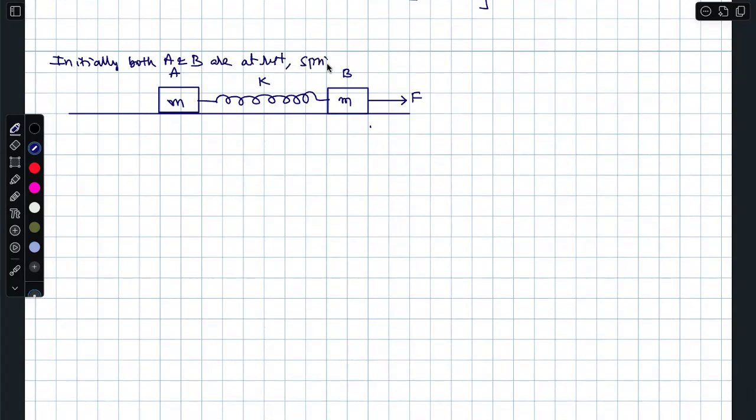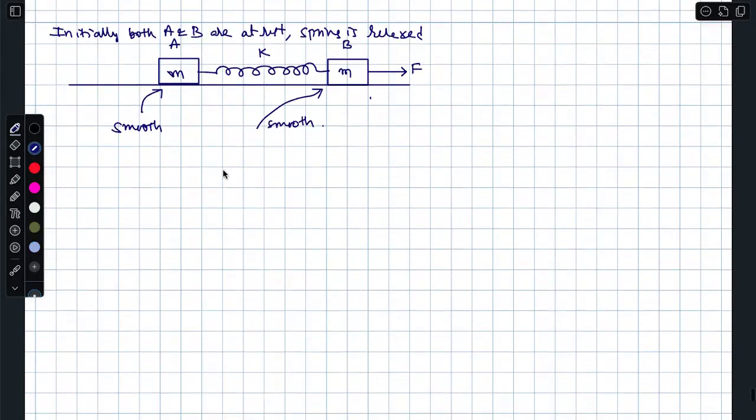Spring is relaxed, and this is a smooth floor. You need to find the maximum compression or maximum elongation in the spring.